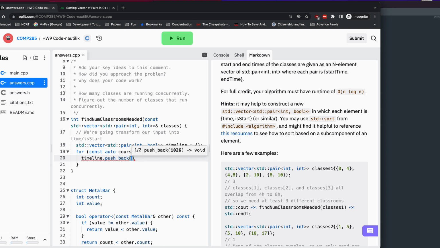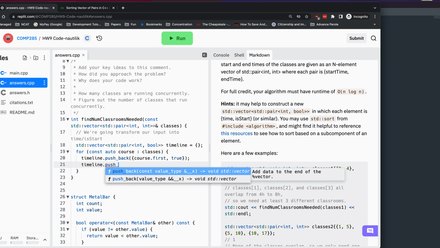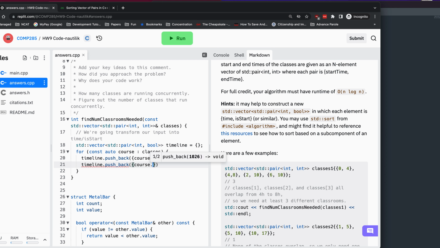For this one class, we know that course dot first is going to be the start time, so we're going to set it to true. And we're also going to add course dot second, which is going to be the end time, and we're going to set this to false. So this is based on the hint.